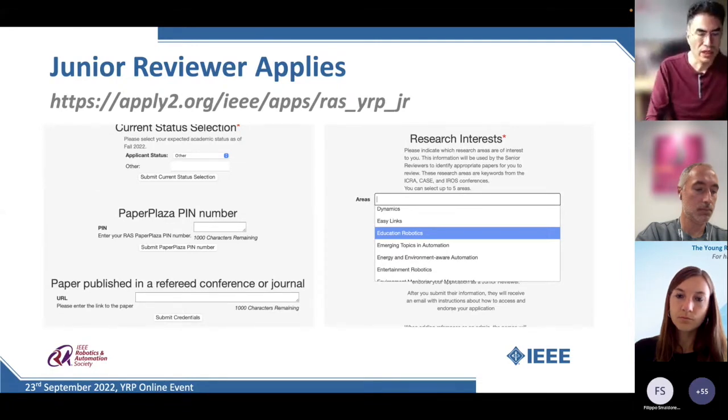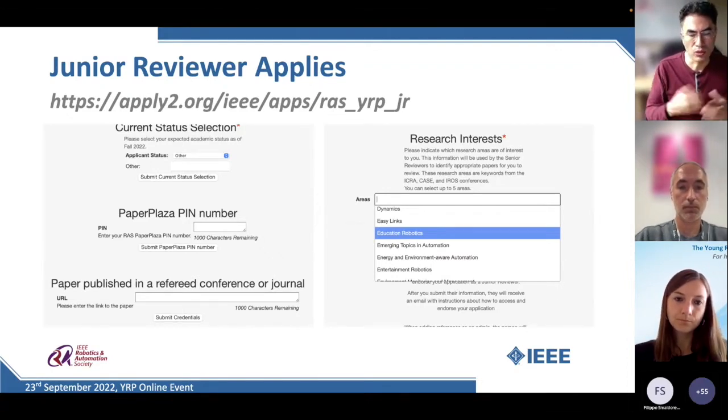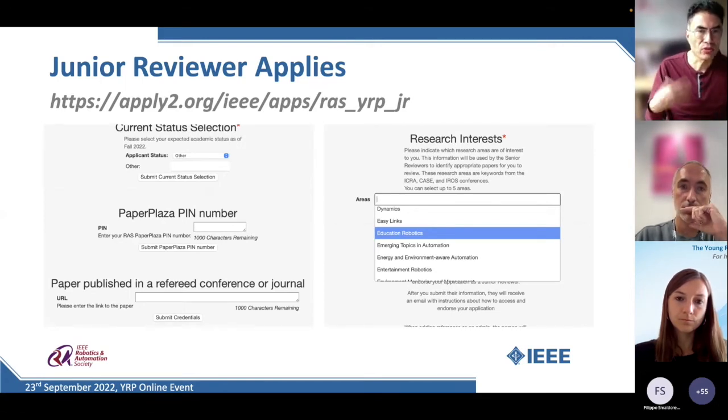I want to point out, somebody asked a question in the chat, how different this is from delegating a review. The main difference is that this is an ecosystem to work with junior reviewers that are interested in learning. If you are a senior reviewer already working with somebody in your lab, it's easier for you to delegate your review to one of your students.